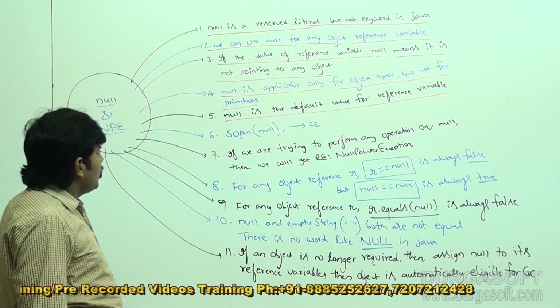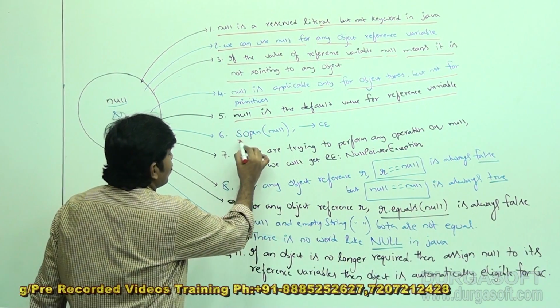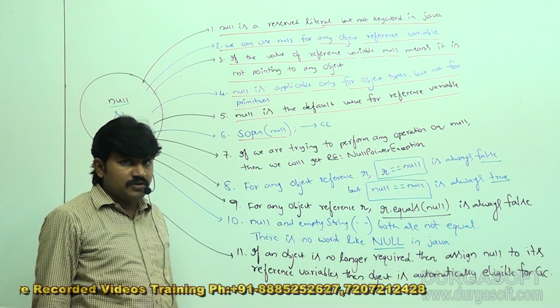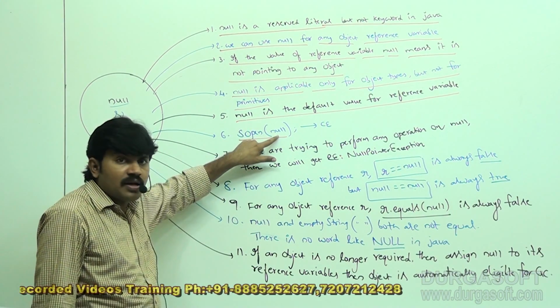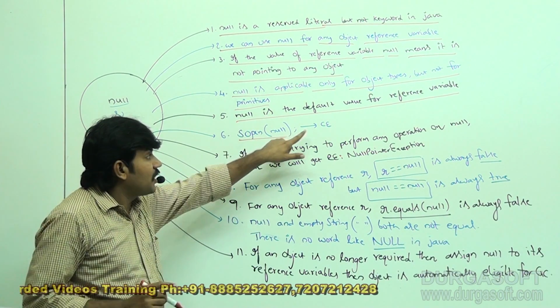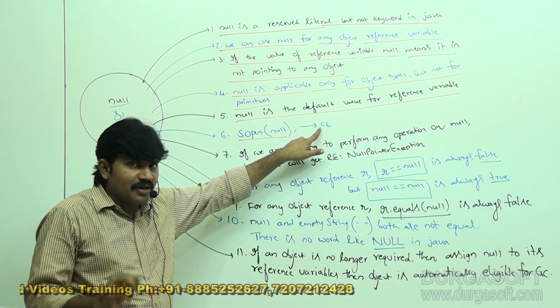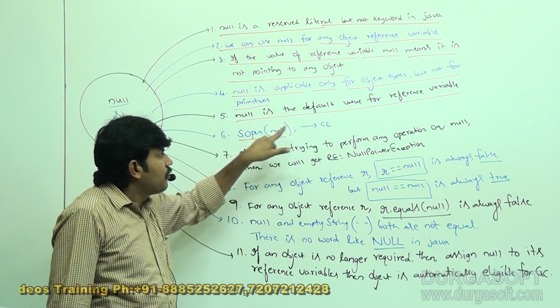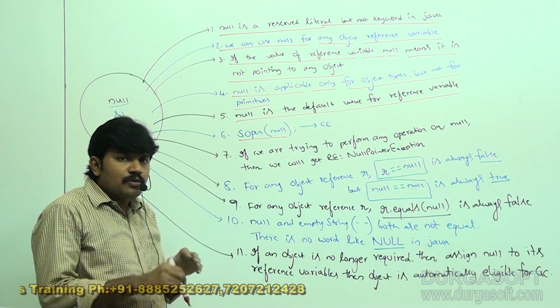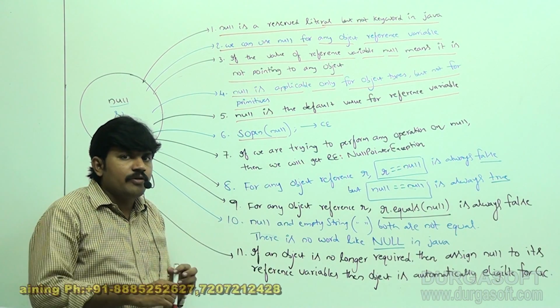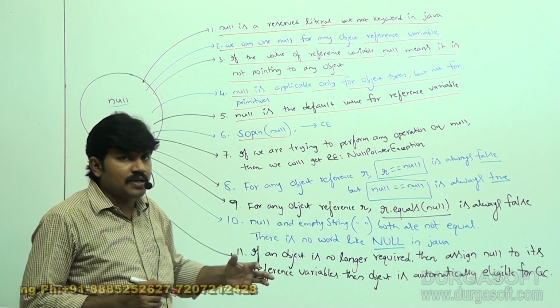Okay, next one, sir. SOP of null. By mistake, if I use System.out.println of null, immediately we are going to get a compile error. Have you remembered, right? Why? What is the problem? Because there are two println methods with null acceptance.